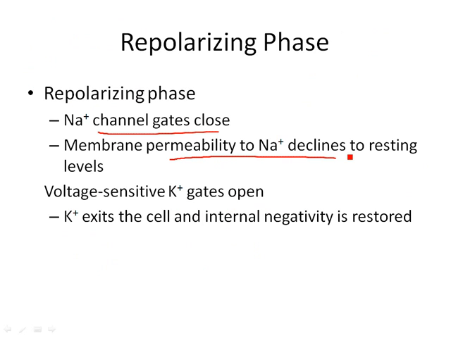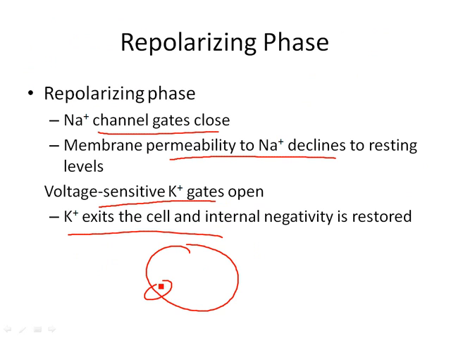Alright? At that same time, you have some voltage-gated potassium channels opening. So now, potassium can leave the cell. So remember, your sodium channels are closing, so no more sodium can come in. And at the same time, another set of channels opens and allows potassium to leave.